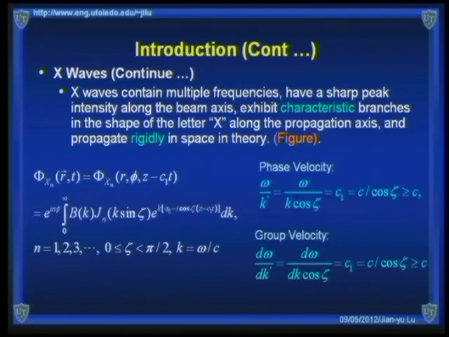This function of X wave doesn't change in propagation, because it is a function of radius and angular direction, as well as the term, which is a subtraction. So the wave will be propagating at a speed c1, which is calculated here. It is c divided by cosine theta, where theta here is the X wave angle.